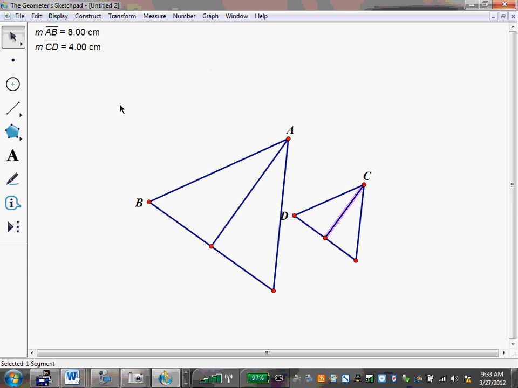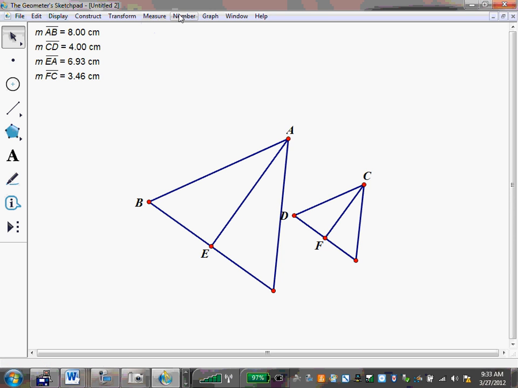If you remember, the definition of a median is the length from any vertex to the midpoint of the side opposite. So now what I'm going to do is measure these two medians. Now I'm going to set up my ratio of these two triangles.